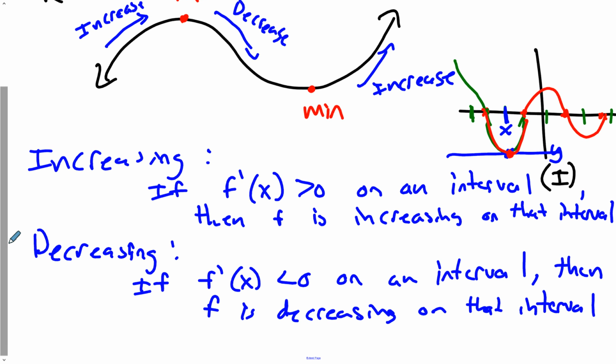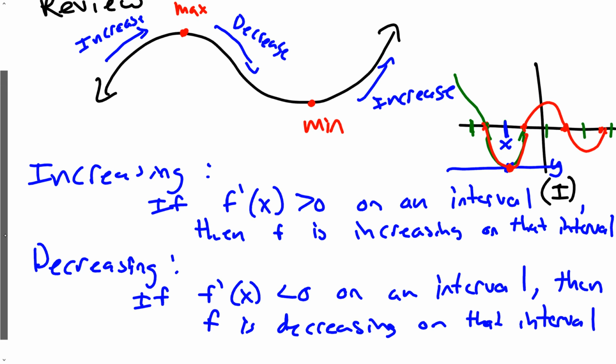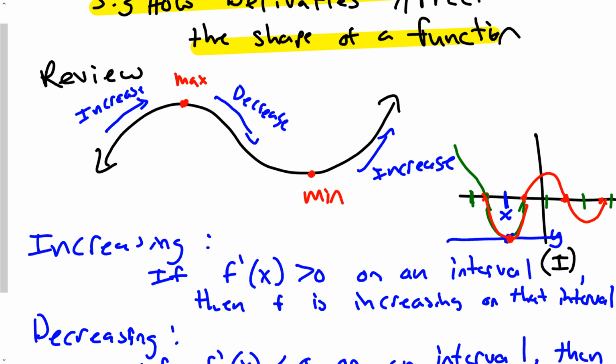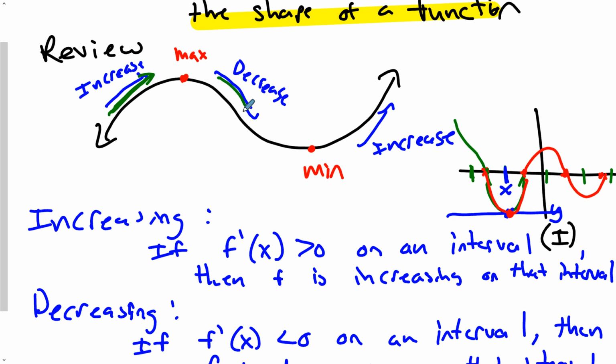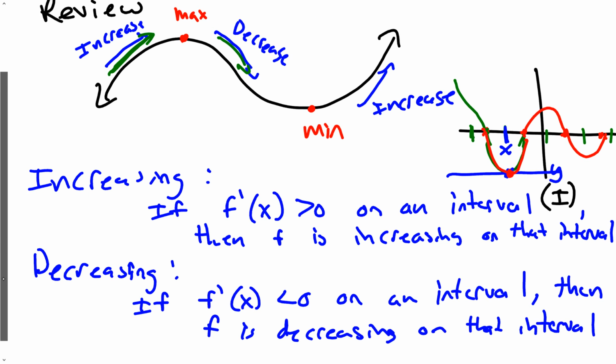Here's the math lingo for increasing and decreasing. If a function is increasing, that means its derivative is greater than 0, because if it's going up, the slope is positive. And if it's going down, my slope is negative, so I am decreasing.